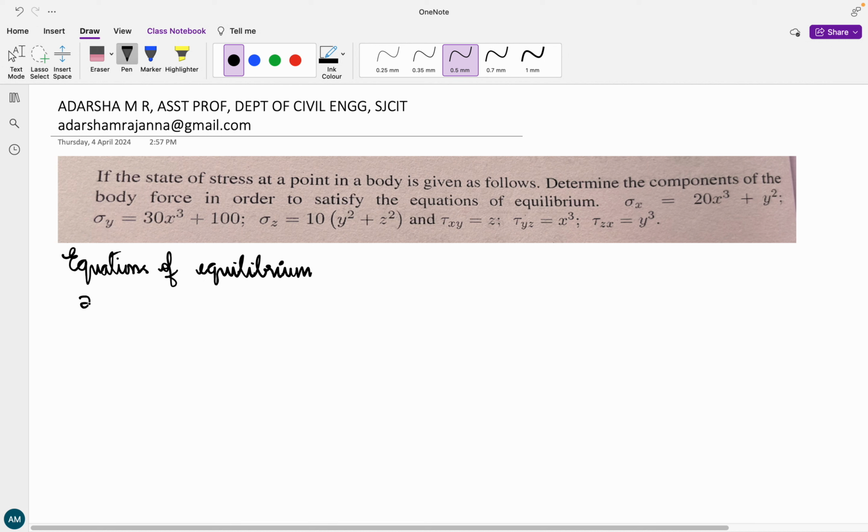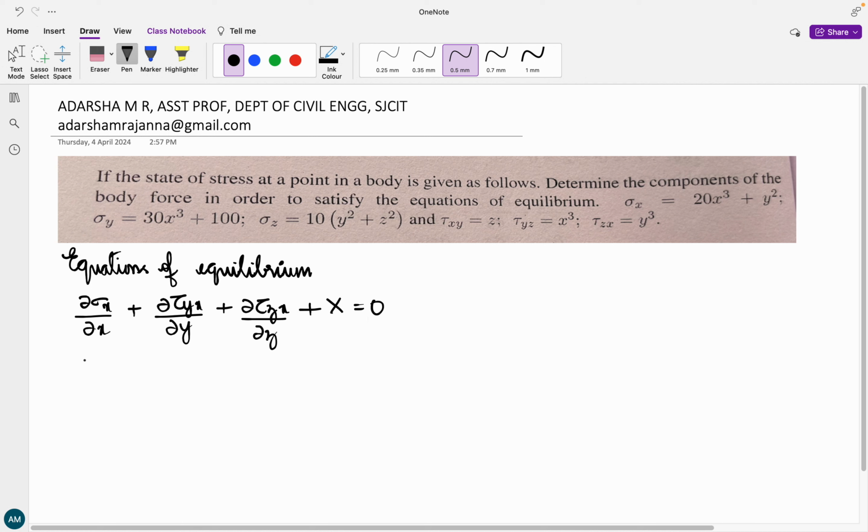Alright, so the equations are dou sigma x by dou x plus dou tau yx by dou y plus dou tau zx by dou z plus the body force x equals 0.